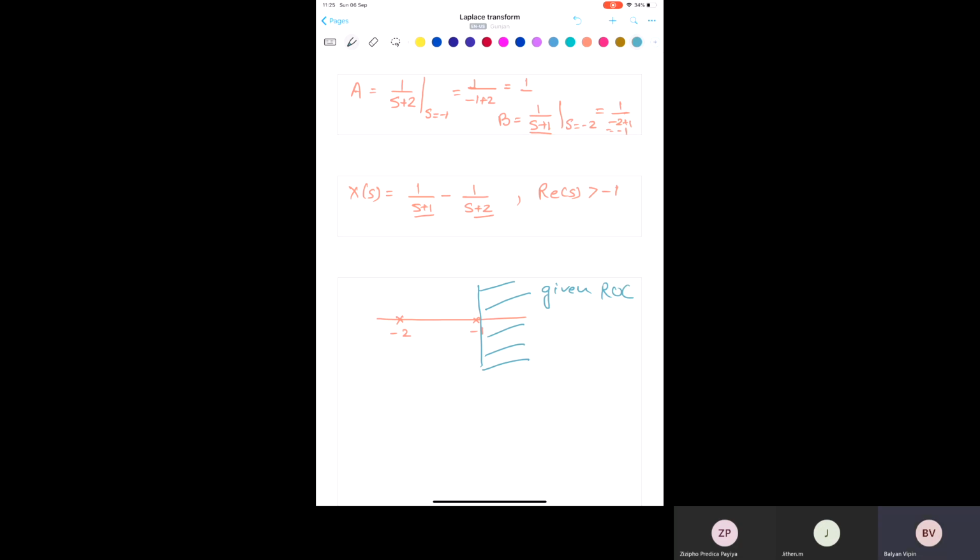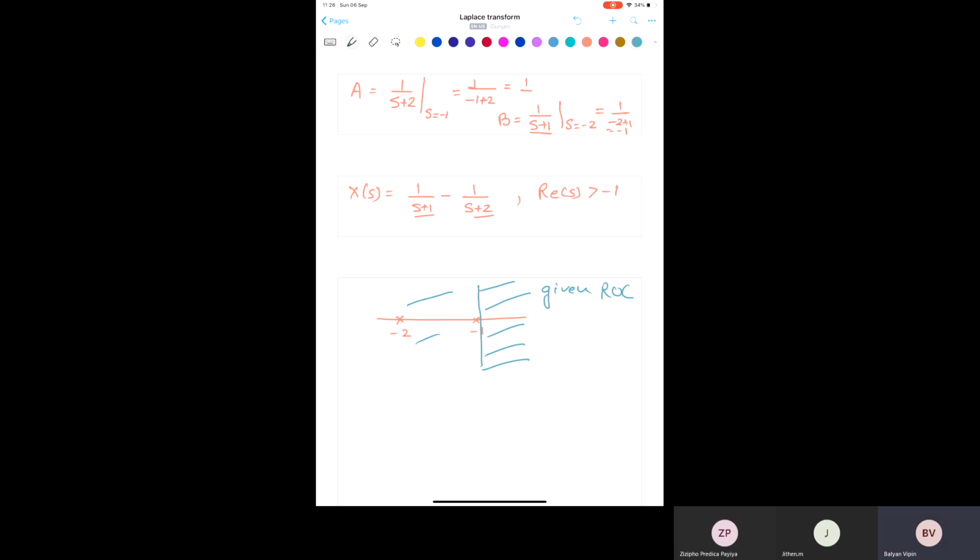So you can see that this pole is on this side, the right hand side. For this pole also, it's on this side.